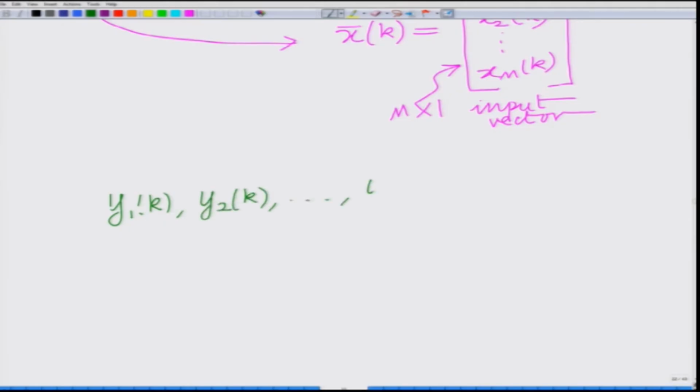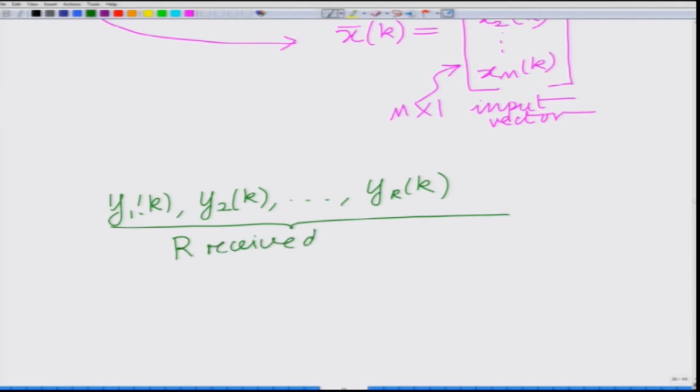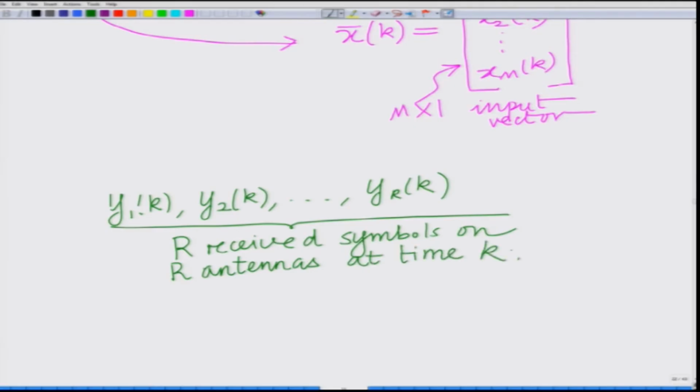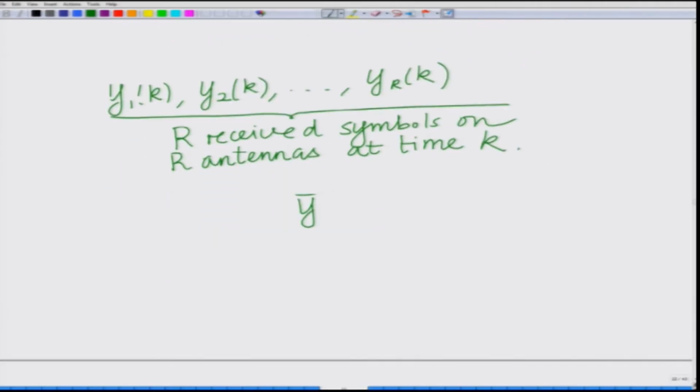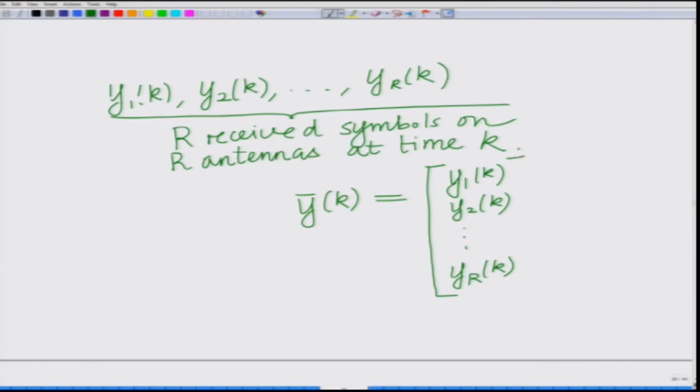These are the r received symbols on r antennas at time k, and the received vector y bar k equals y1k, y2k, up to yrk.